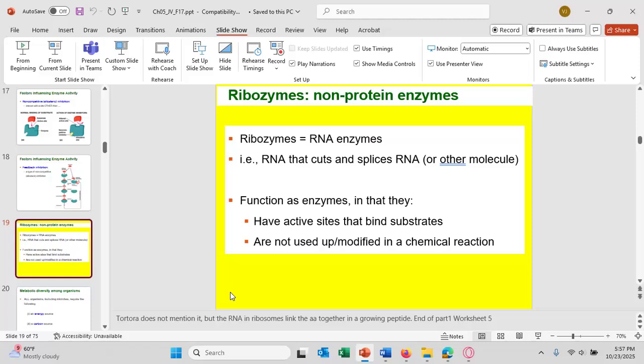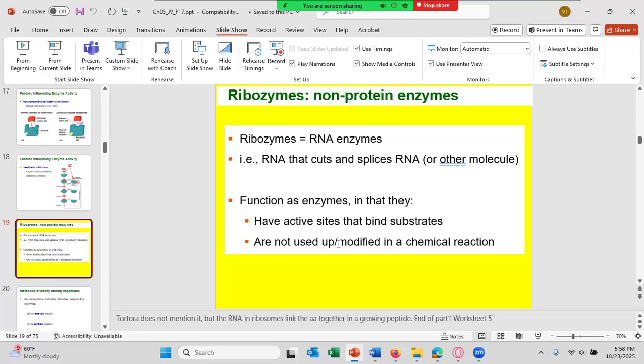When a new amino acid is added to the growing polypeptide that we're going to call, when it's finished, the protein, it's from the RNA molecule cutting that amino acid off of the tRNA and then binding that amino acid to the growing polypeptide. And that's the only RNA enzyme I'm going to discuss in this class. Any question about any of that?